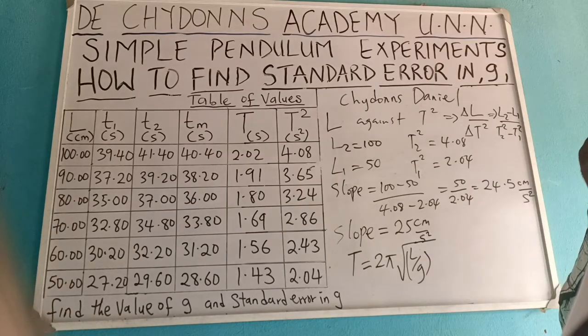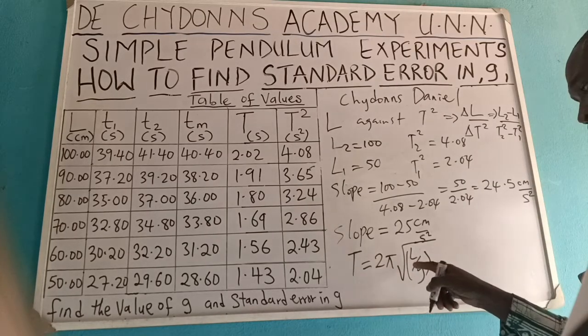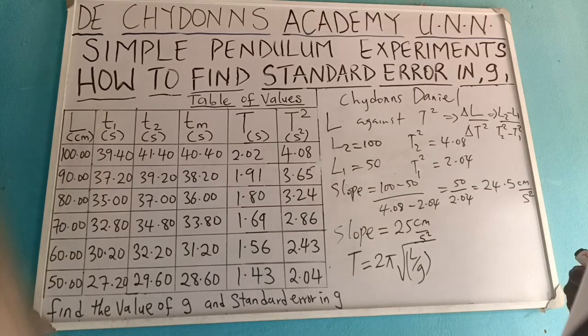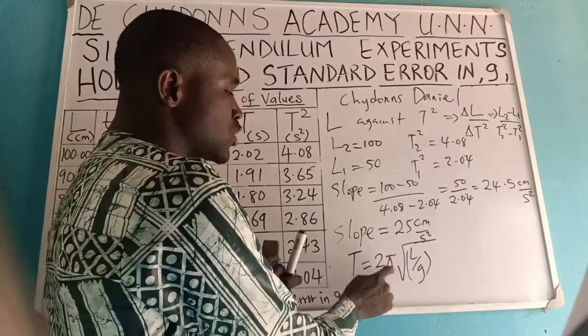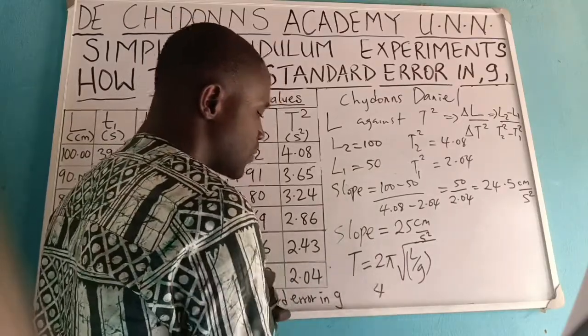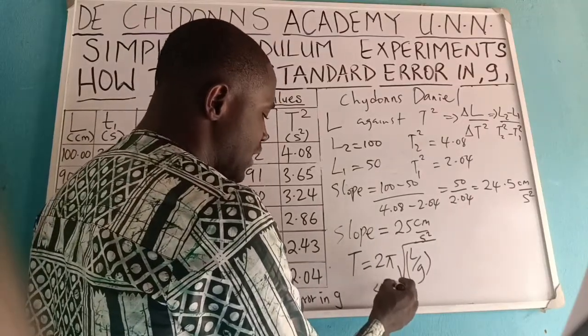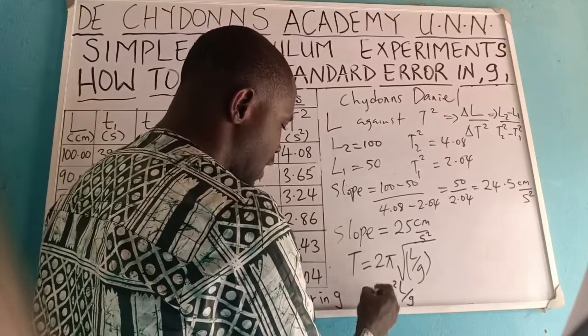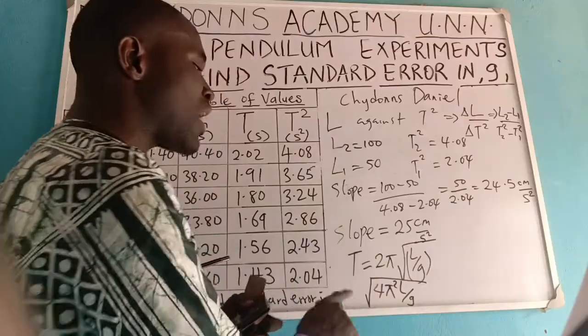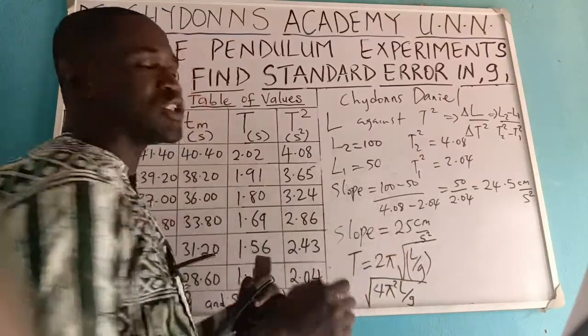To make G the subject of the formula, carry 2 pi and bring it inside the square root. To bring this 2 pi inside the square root, we say 2 times 2, 4. Pi times pi, pi squared, L over G. We now put the square root. It means you have carried this 2 pi inside the square root.